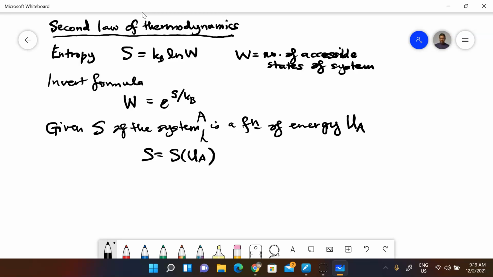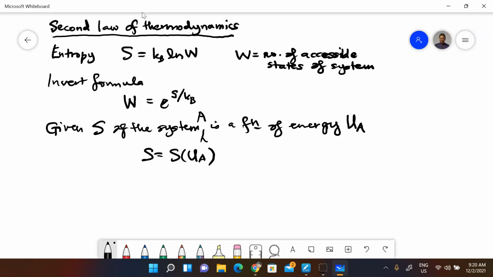Now if we understand the second law, you know that, how should I say this, the entropy will hit the maximum.